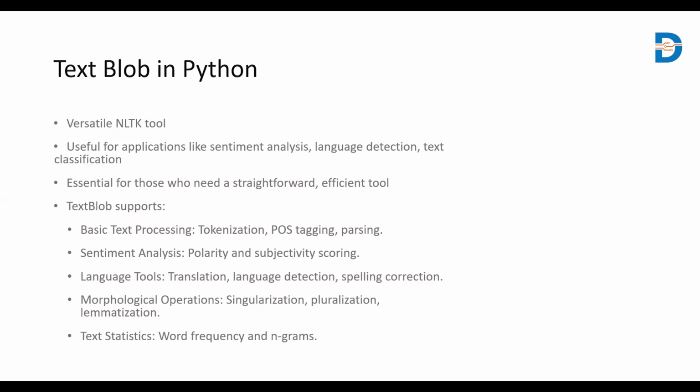So the primary functions of TextBlob include tokenization, where TextBlob can help you split your text into sentences and into individual words also. It can also offer you parts of speech tagging, POS tagging as we commonly call it.